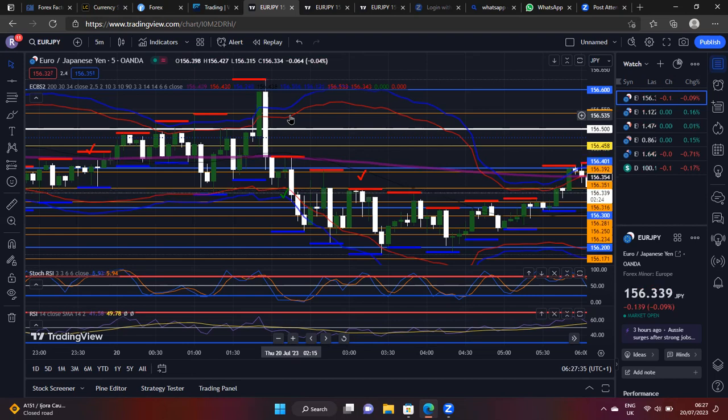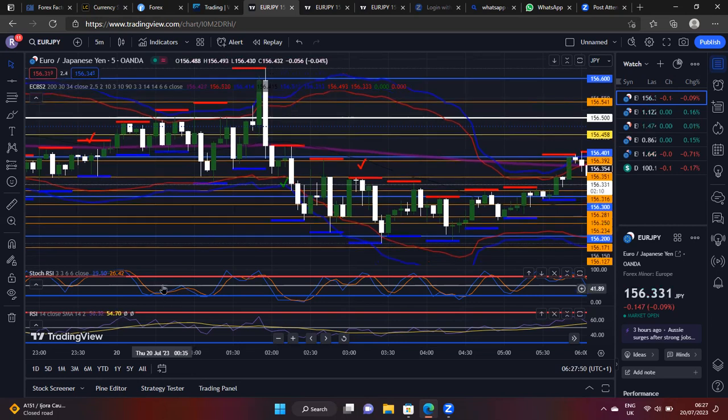And of course, it has a red tick, a green tick, and we also have a few other things. But the stochastic and stochastic RSI are strictly momentum indicators.